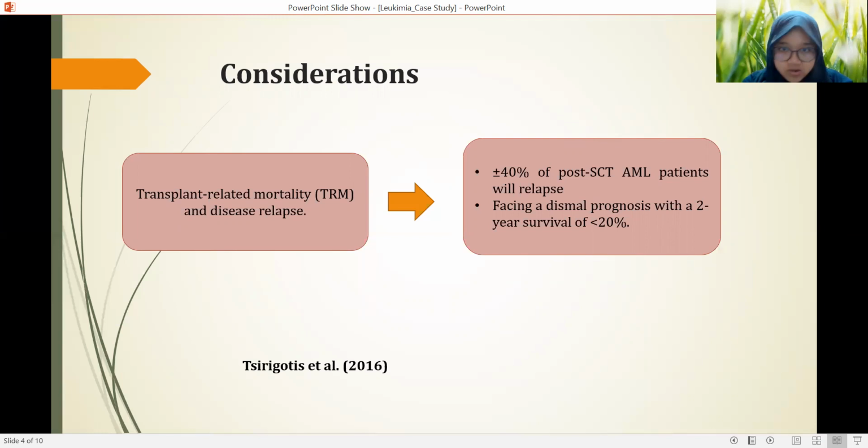So these are the considerations. Based on these considerations, the researchers or the doctor have to choose the next, subsequent treatment to cure the effect of allo-SCT.